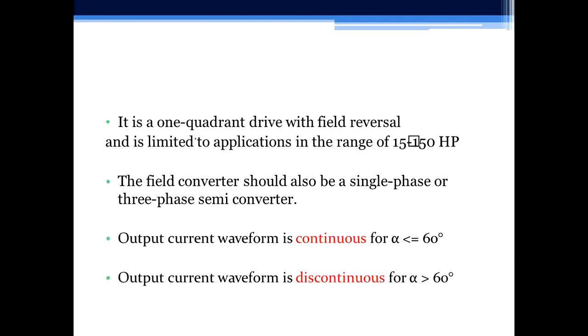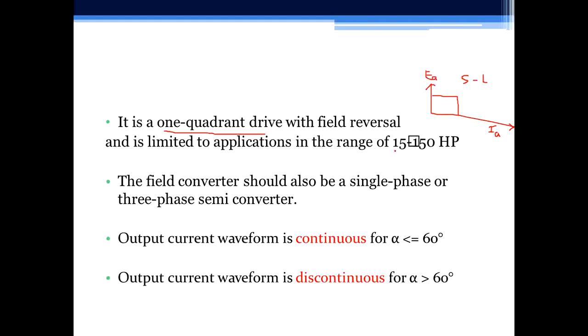Now this drive gives us one quadrant operation, meaning it will operate in the first quadrant where the average output voltage EA and average output current are positive, and power will flow from source to the load, and this will be a forward motoring.